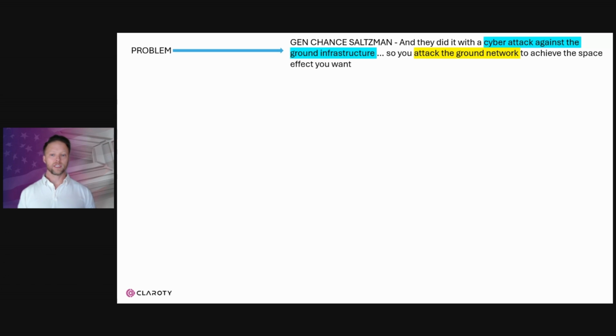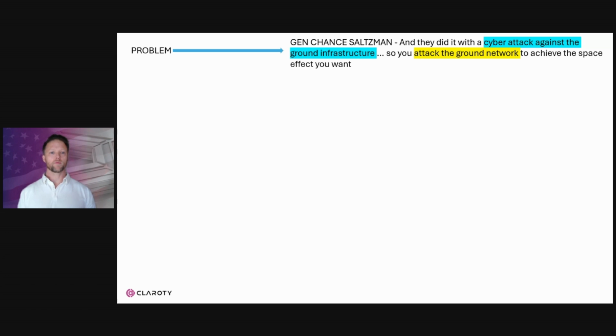And they were able to achieve this desired effect on the military infrastructure by going after the critical infrastructure that was on the ground. And so the critical infrastructure often can be a target for these cyber attacks that enable the adversary to accomplish some desired effect against the system in a contested space.